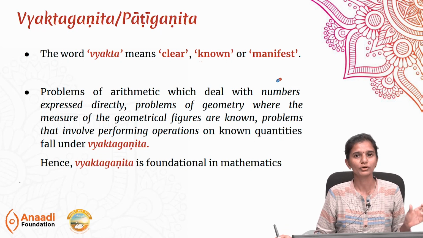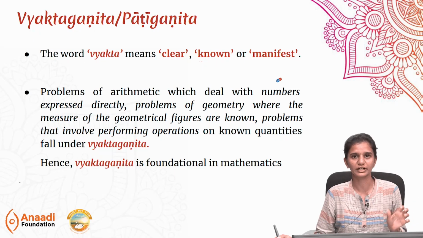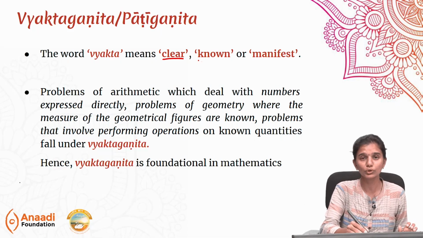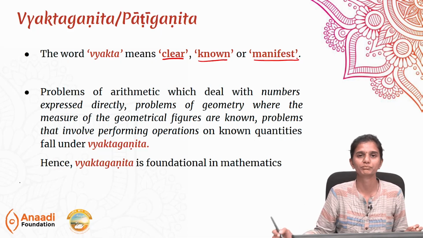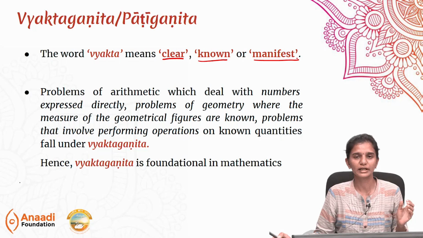Now, let us try to understand the word Vyakta Ganita. It is made of two words, Vyakta and Ganita. Vyakta means clear, known or manifest. We already know Ganita means mathematics. So, what does Vyakta Ganita mean?